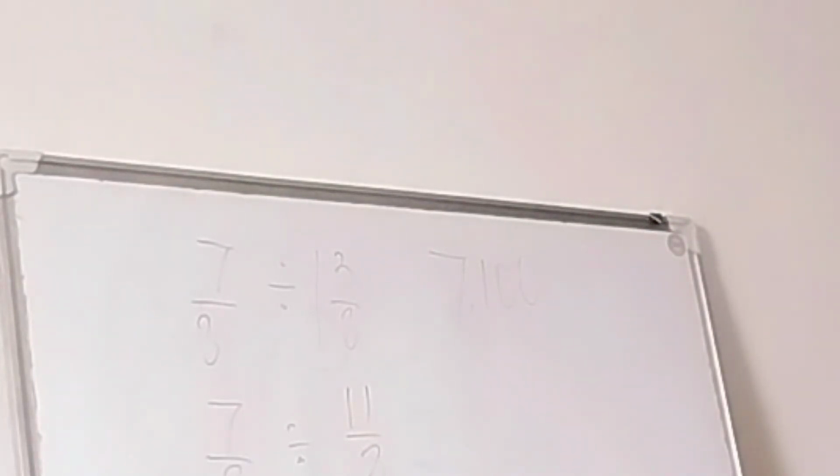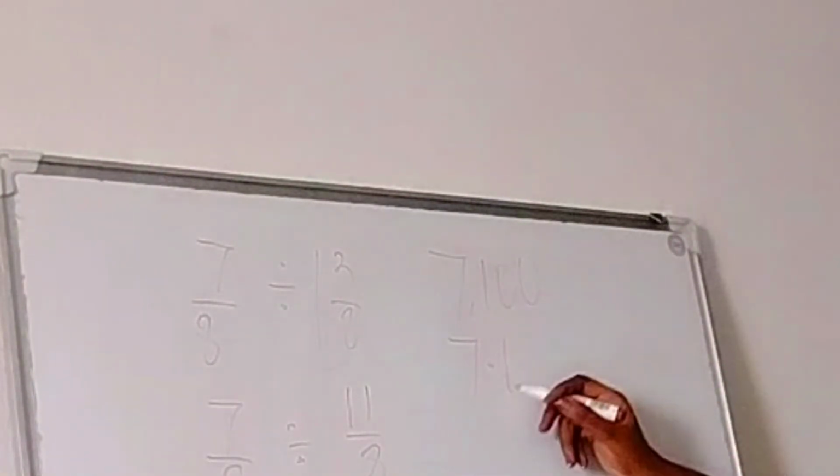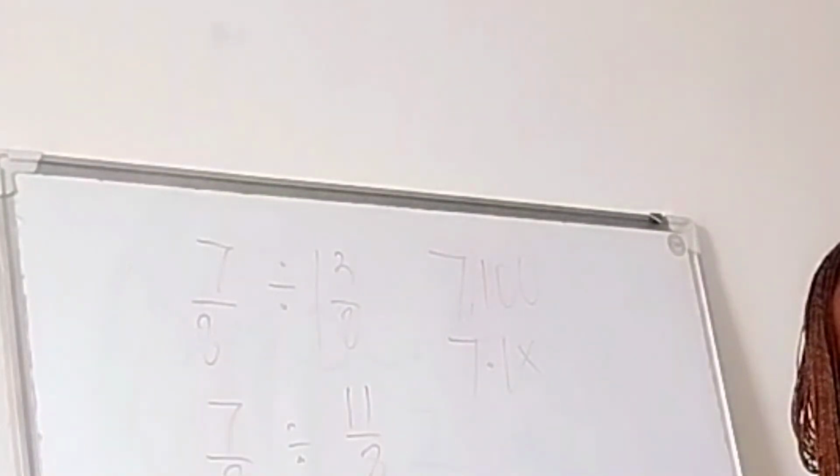So we'll say 7.1. If we write 7.1, what do you have in the options? 7.1 times 10 raised to the power 4. 71.0 times 10 raised to the power 3.